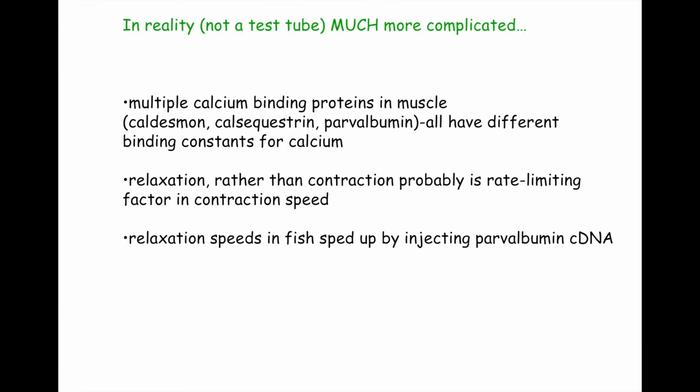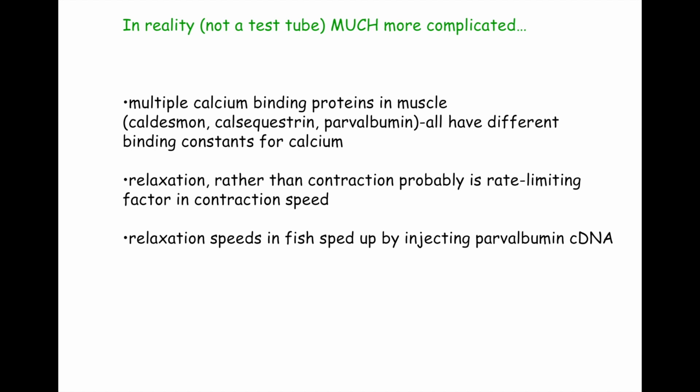In an actual muscle cell, but not in model muscle cells that you're studying in a test tube or a dish, it's a lot more complicated. There are many things that bind calcium in muscle cells in addition to the troponins.